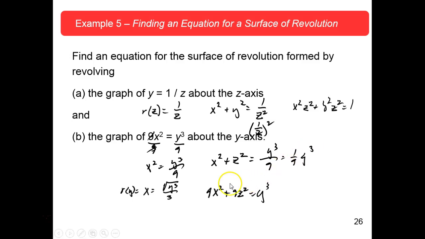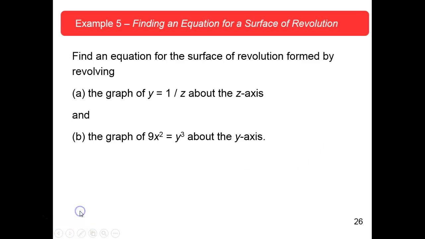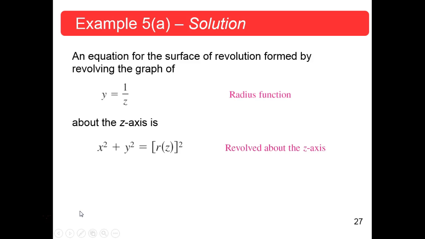So, let me clear my writing out of here and see if they are going to do anything differently. An equation for the surface of revolution formed by revolving the graph of y is equal to 1 over z about the z-axis.